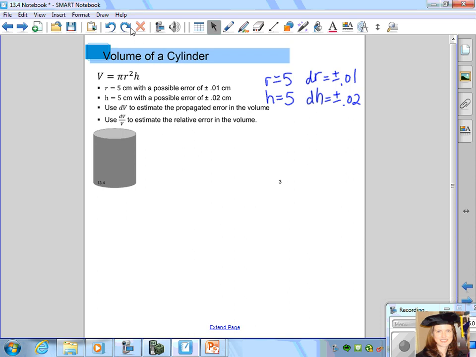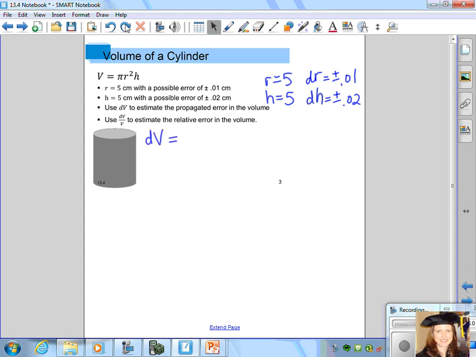So here we have the volume of a cylinder, and what I've done here is I let the radius equal 5. Now that possible error, we're going to use the differential dr to denote that possible error of plus or minus 0.01. The height is equal to 5, and we're going to let dh, that differential height, equal plus or minus 0.02. We're going to use dV to estimate the propagated error in the volume.